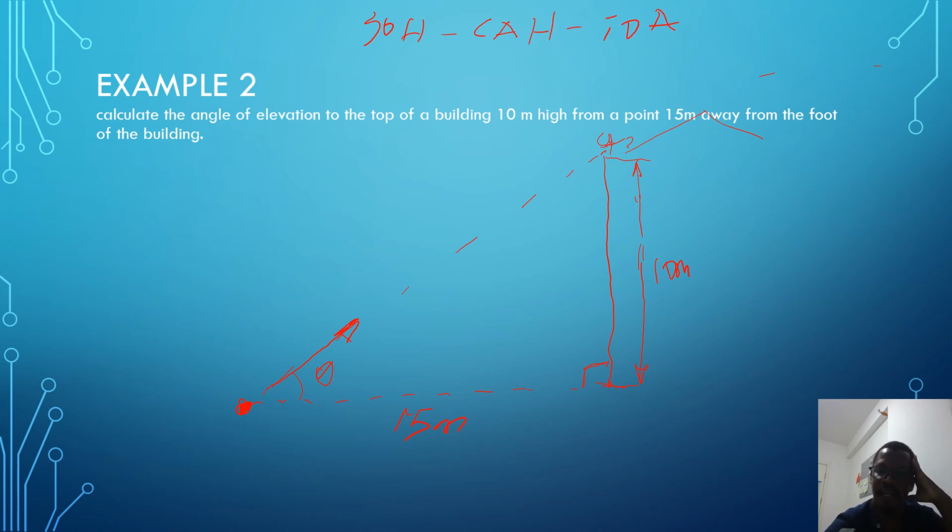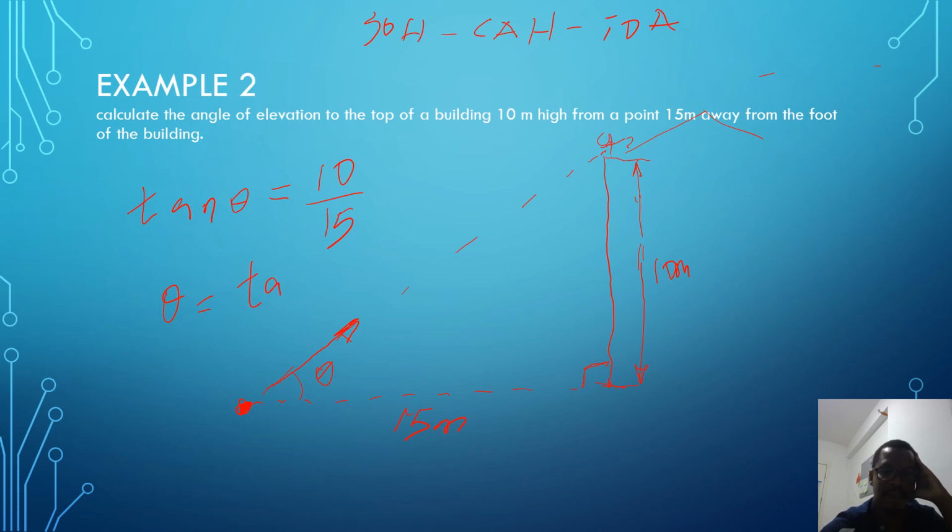In this case, we have opposite and adjacent, which means we are going to use tan. So tan theta will be equal to opposite, which is 10, over adjacent, which is 15.